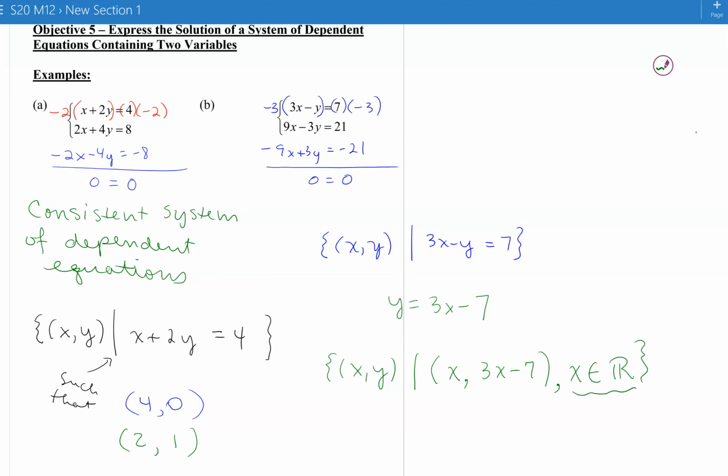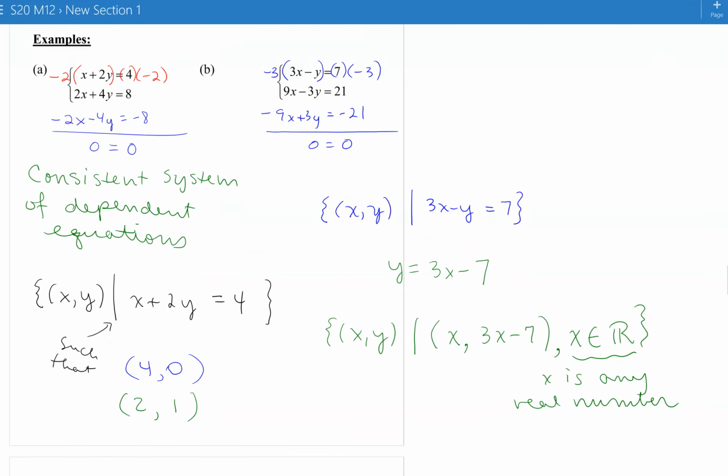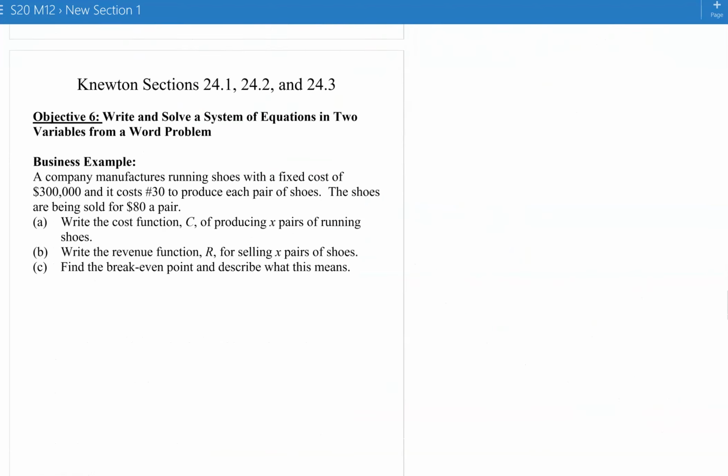So this notation means x is any real number. So it says pick a real number, put that in the first slot, then do 3 times that and subtract 7, and that's what goes in the second slot, and then you'll have a winner. You'll have a point that is a solution to the system.